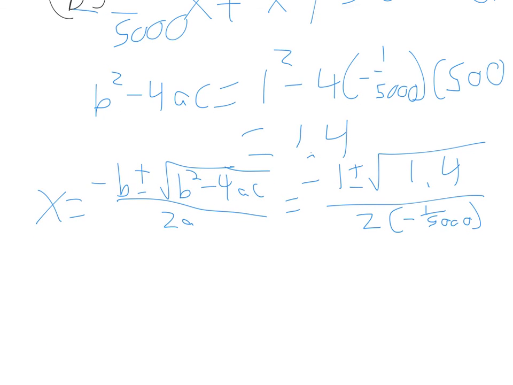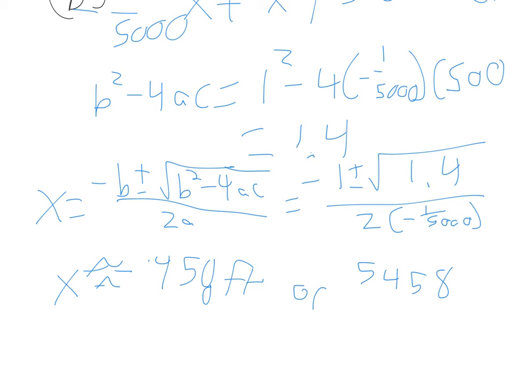Now if you simplify this, that tells you that the horizontal distance it travels is either approximately negative 458 feet or positive 5,458 feet. Since it cannot travel a negative distance if it's going forward, we ignore the negative answer. So it traveled a horizontal distance of 5,458 feet.